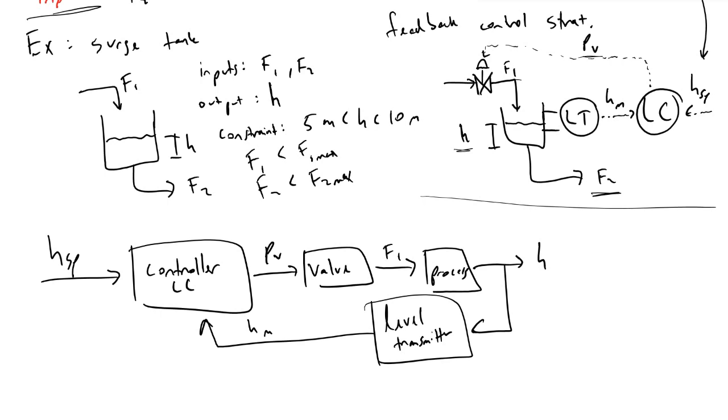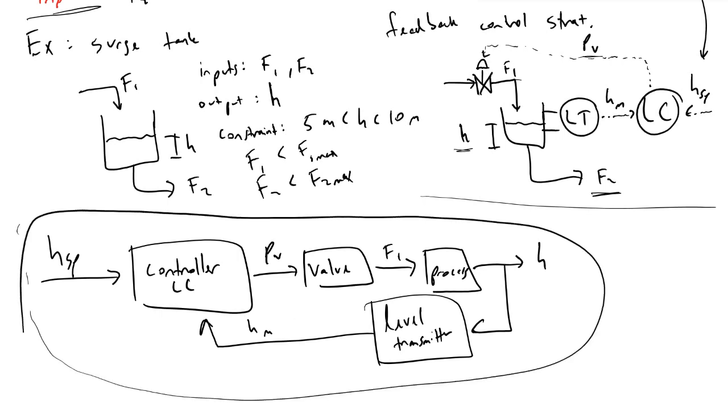H sub m does not necessarily equal H, but for the sake of this example, you can assume it does. This is the control block diagram of this process, and this is a nicer shorthand way that we can better represent these kinds of processes that we have, such as in our surge tank.